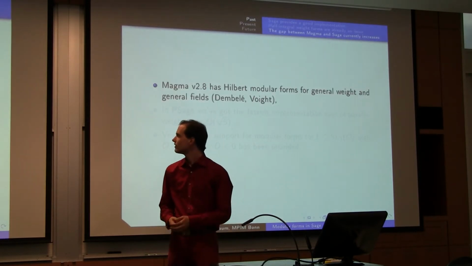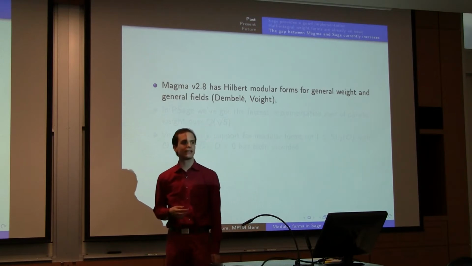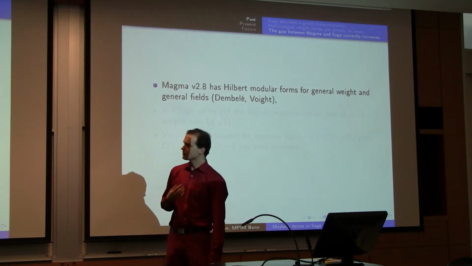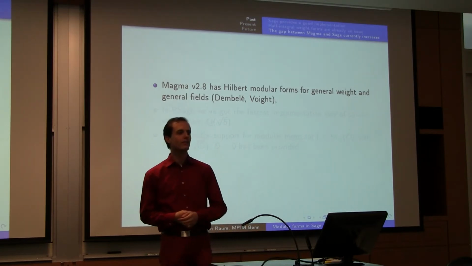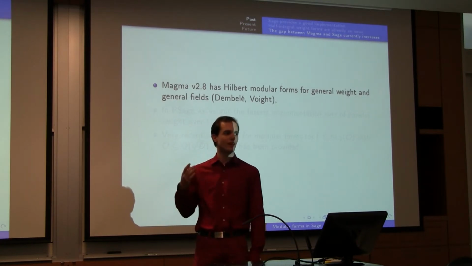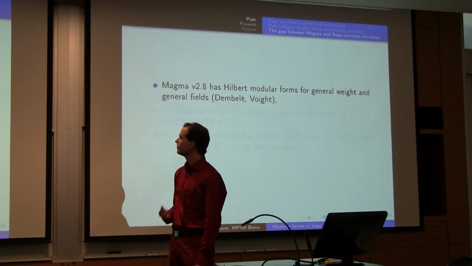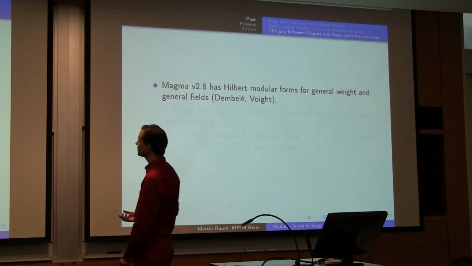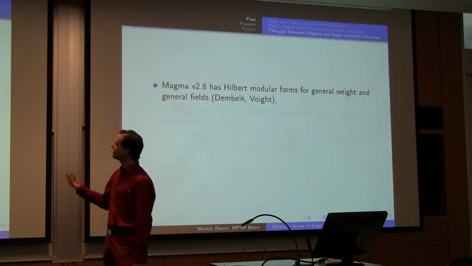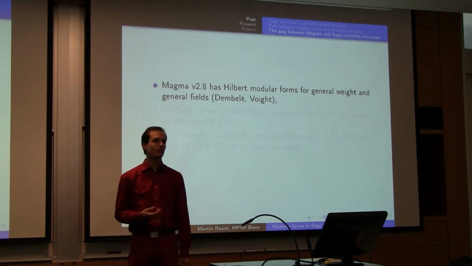So what more? I have mentioned Hilbert modular forms. That's also what I'm aiming at, not so much orthogonal modular forms for n greater than or equal to 3. But Hilbert modular forms form a special case of orthogonal modular forms, so they are in my area. It's interesting that Magma does have an implementation.